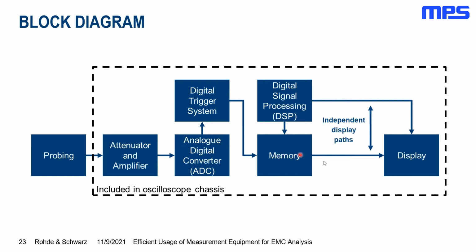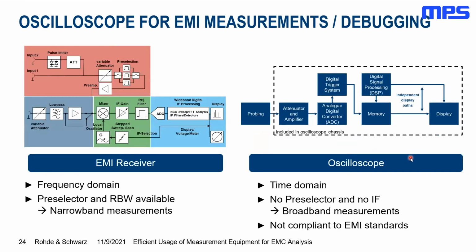Afterwards, we are displaying what we've captured on screen, or we are also adding some digital signal processing functionalities, doing some measurements, maybe some averaging, low pass filtering, and so forth. What's the major difference when comparing the architectures? In the oscilloscope, we are operating purely in time domain. So we are measuring from DC up to the corner frequency of the instrument, and we don't have any mixing processes inside.